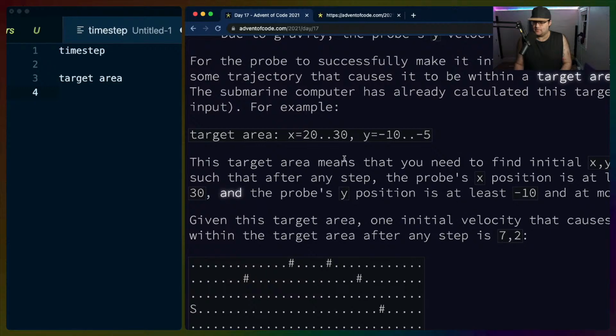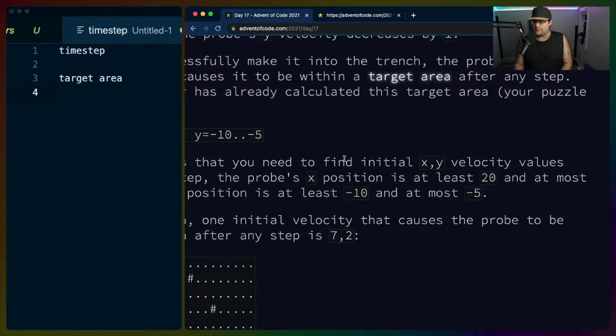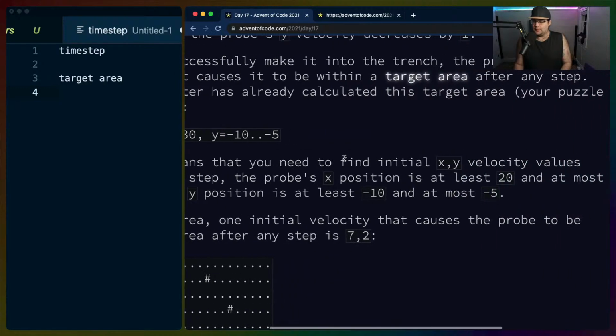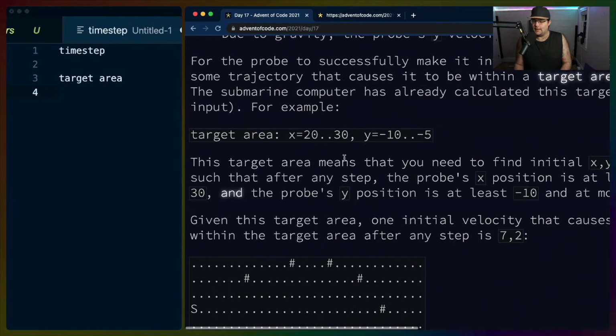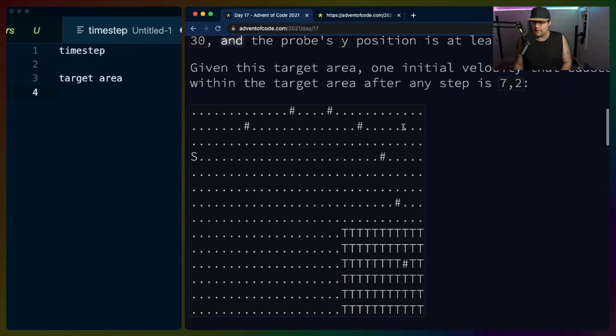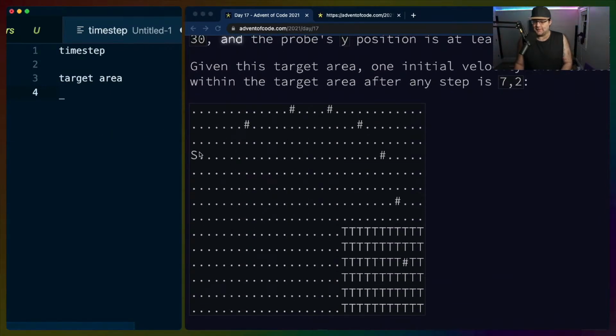You need to find the initial x,y velocity values that after any step, the probe's x position is at least 20 and at most 30, and the probe's y position is whatever. And reading through this, it skips time. So this isn't actually an equation.